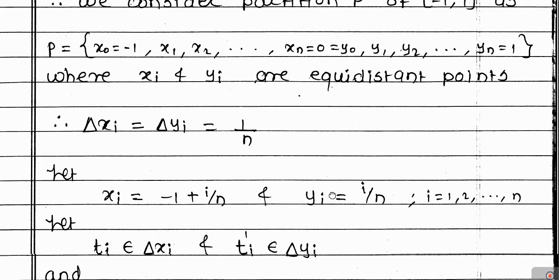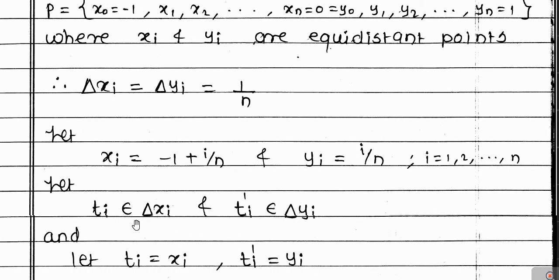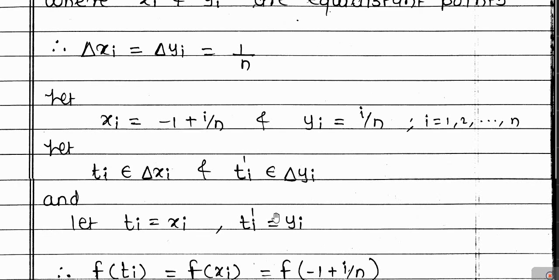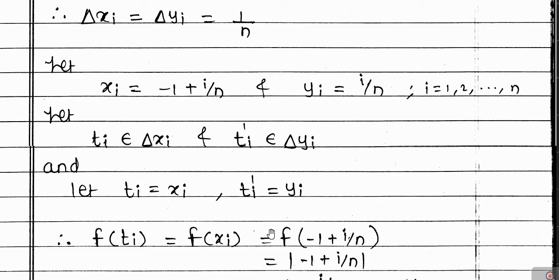We will choose ti as a point from delta xi and ti dash as any point from delta yi, and let us choose ti and ti dash in such a way that they are the right end points of the corresponding subintervals. So let ti equal xi and ti dash equal yi.